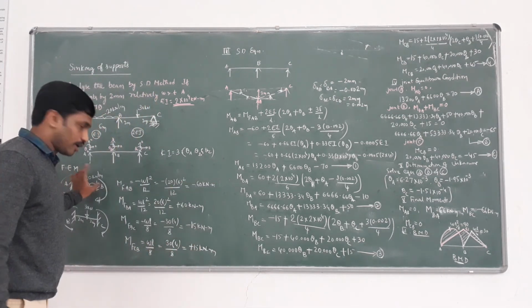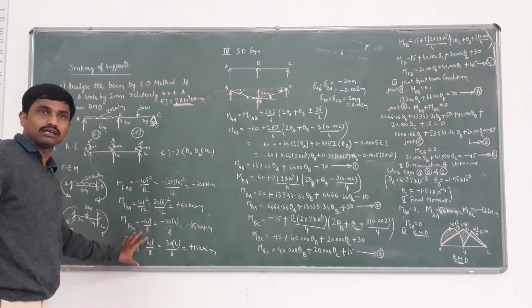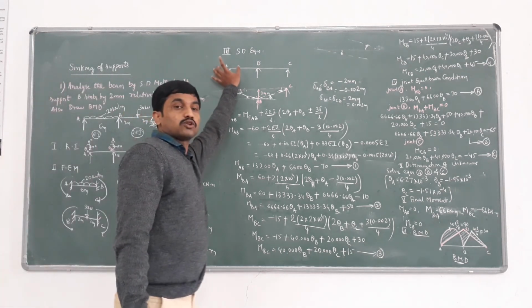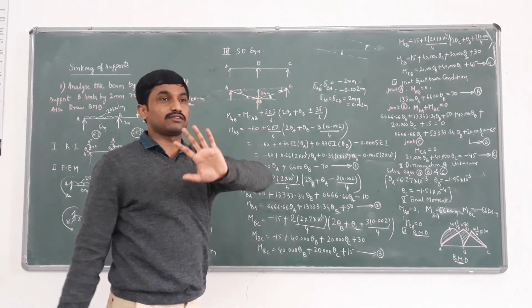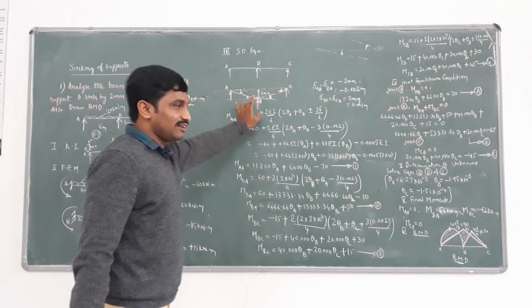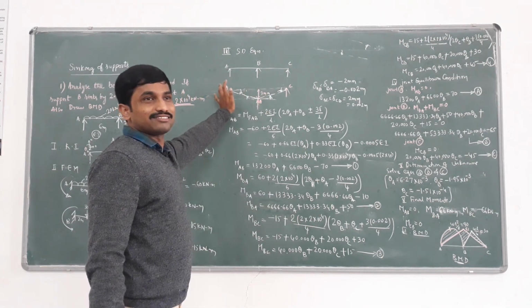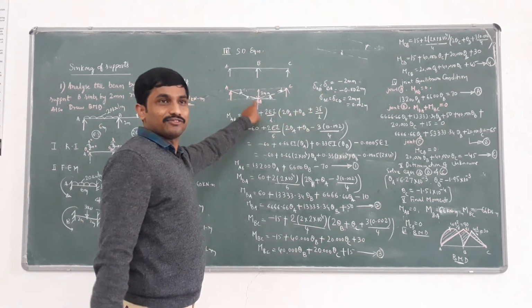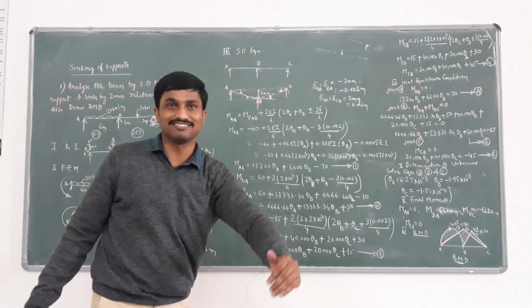In step number 2, FEM, I already explained the things. You just remember the equations, substitute the equations, you are getting the values. Next, slope deflection equation. In the slope deflection equation, first observe the things. In this particular problem, B sinks by 2 mm relatively with respect to A. So when it is displacing relatively downwards with respect to A, which kind of rotation is responsible for downward deflection?